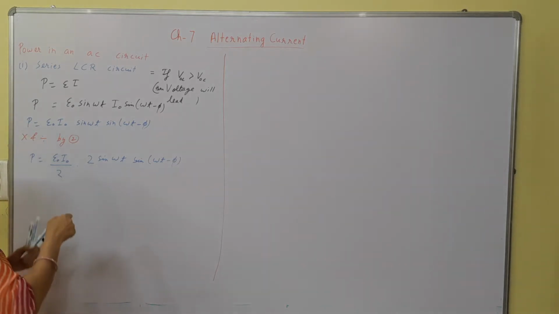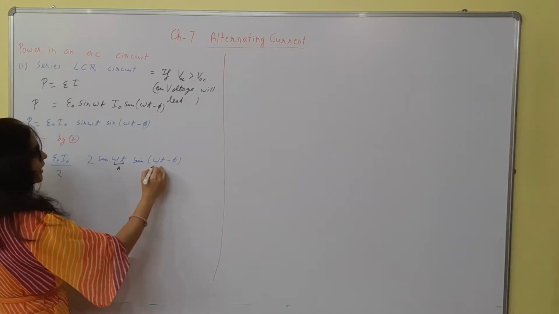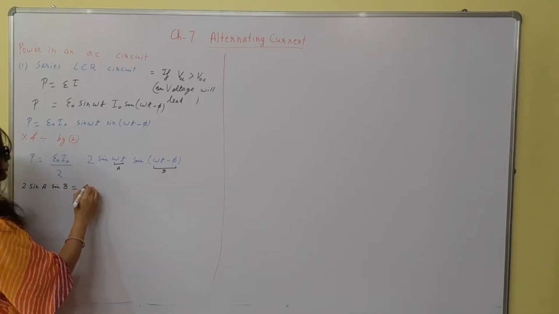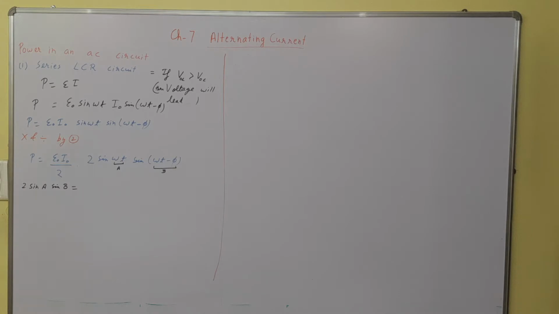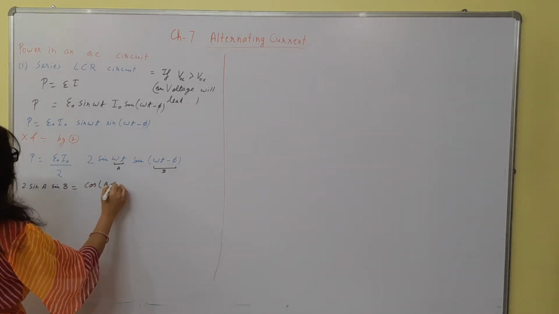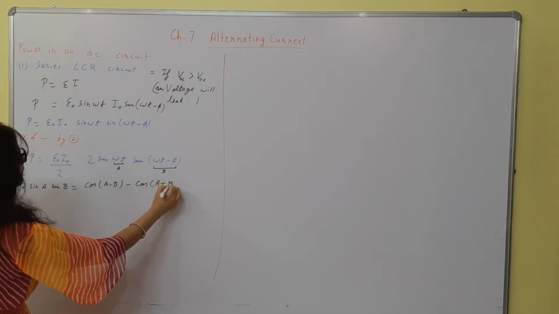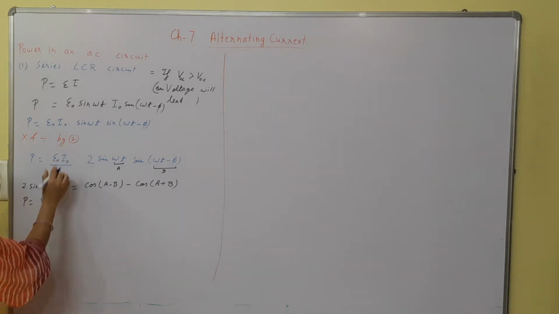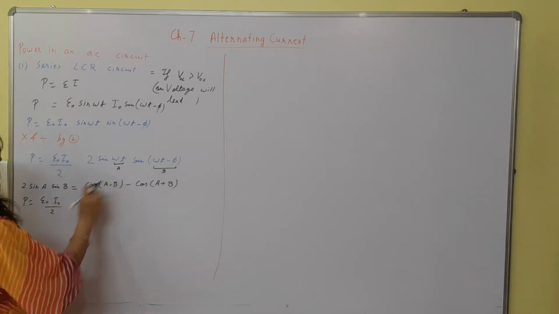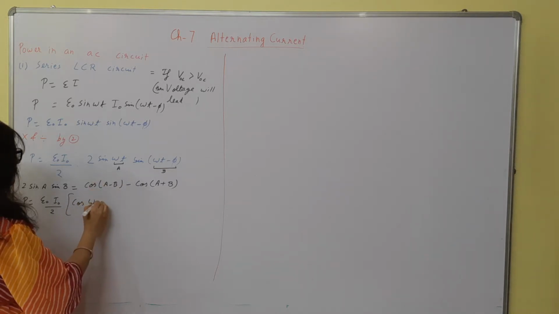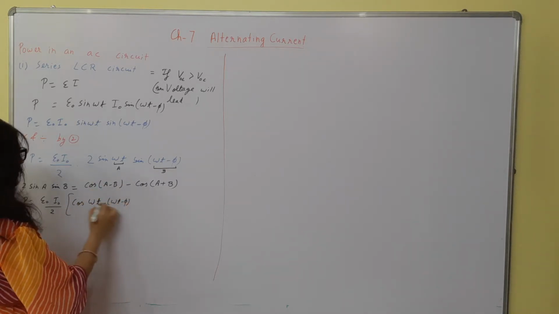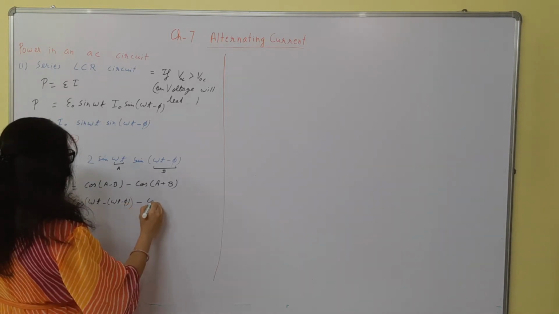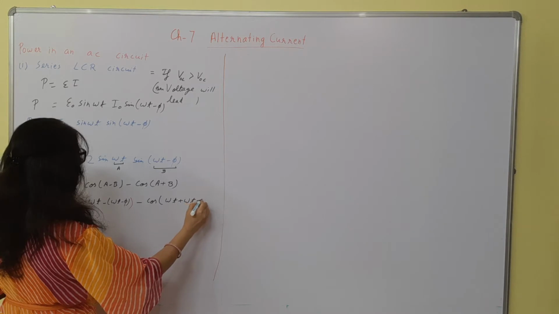If we consider this angle as A and this angle as B, then we know that 2 sin A sin B is equal to cos A minus B minus cos A plus B. So power will be E naught I naught upon 2 times cos of A minus B, which is omega t minus omega t minus phi, minus cos of A plus B, which is omega t plus omega t minus phi.